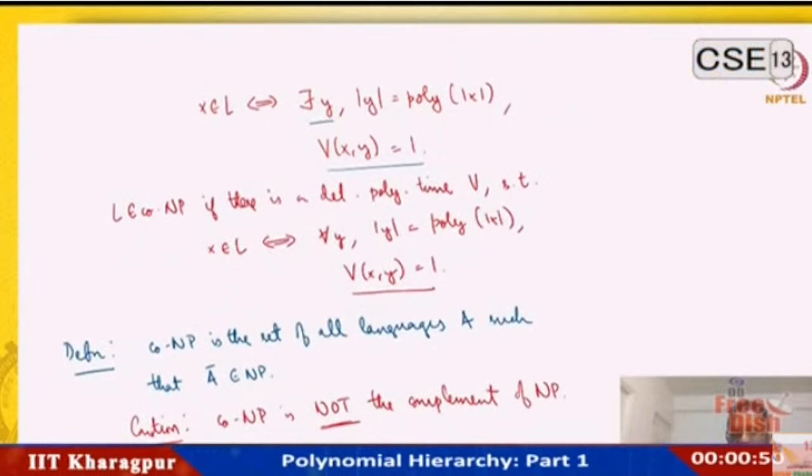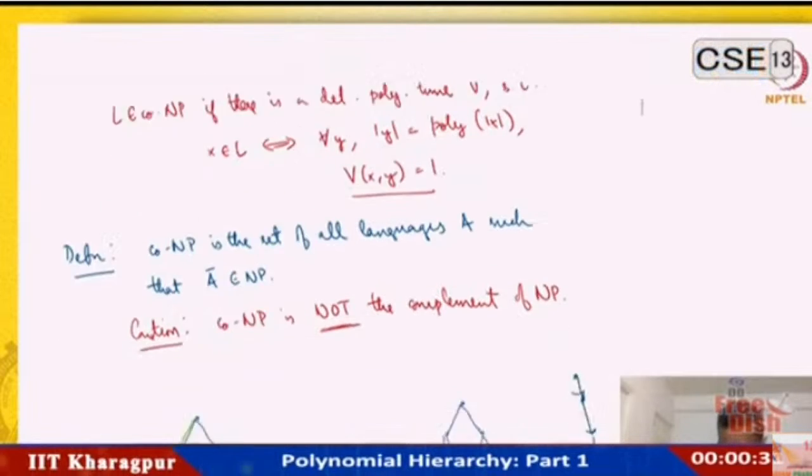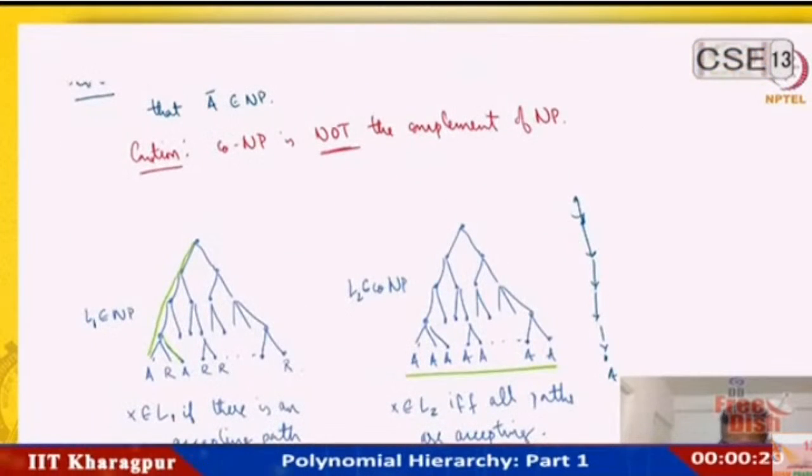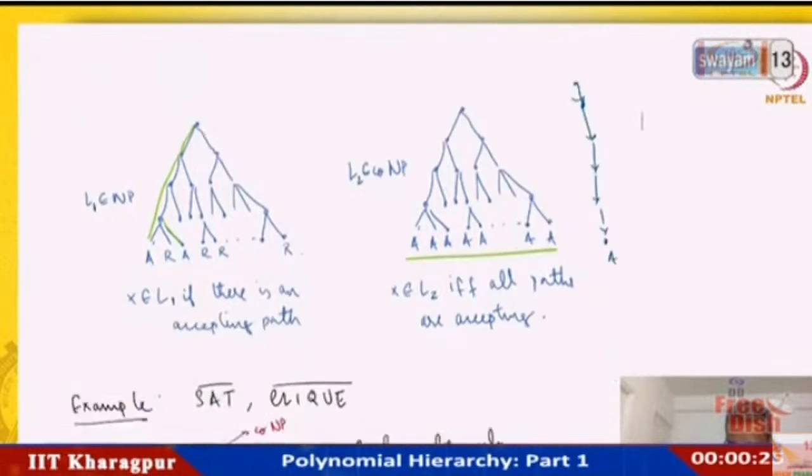We saw the verifier-based characterization. A language L is in CoNP if for all the certificates that you take, the verifier should be able to verify that X is in the language. Like all certificates lead to accept. In the computation tree form, all the computation paths lead to accept.